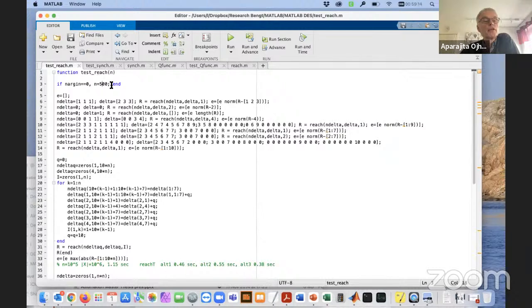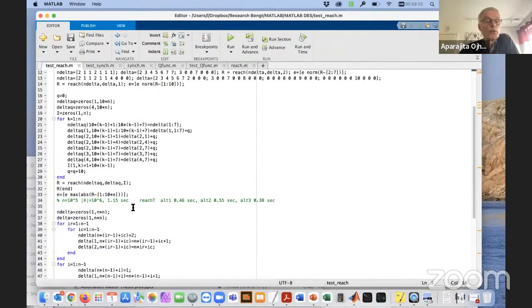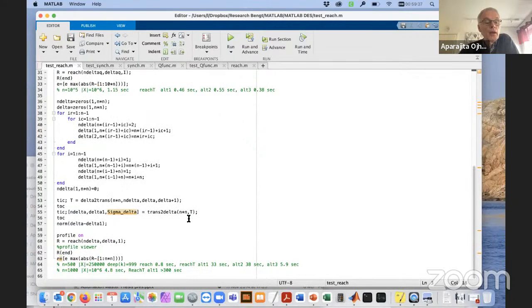Then I put just a standard value here. And then I call this reach function for a number of different inputs. It's partly my way also testing that the algorithm works correctly, and also some performance here of the algorithm.